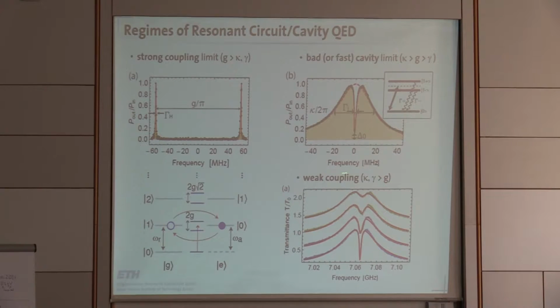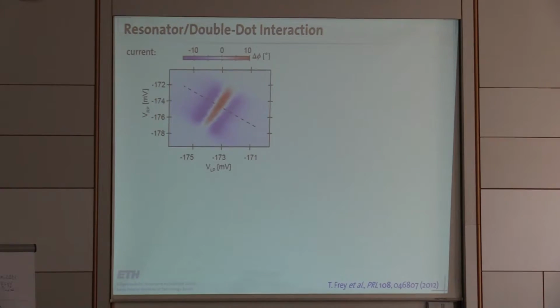And unfortunately, most of the experiments that we did with semiconductor quantum dots were in this weak coupling regime so far. Maybe even all of the experiments have stayed so far in this weak coupling regime when you couple charge of the semiconductor quantum dot to the superconducting cavity. Okay, so how do you see that in the resonators?